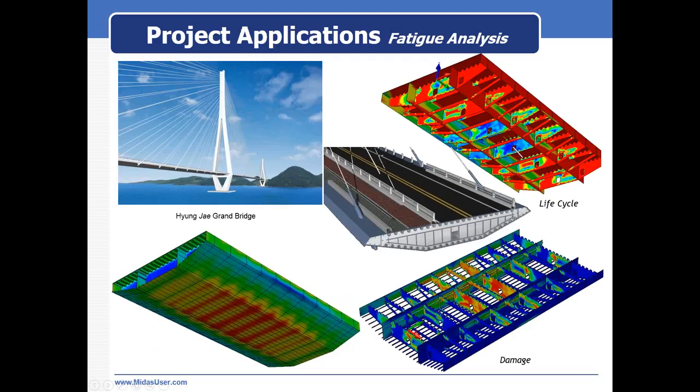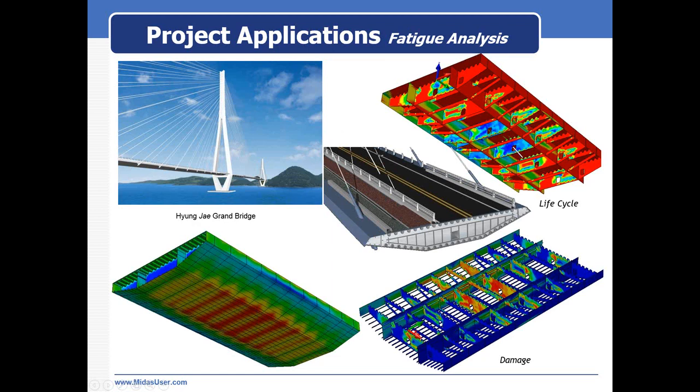Another analysis which FEA supports, and the application example of which can be seen here, is fatigue analysis. As you must be knowing, codes give provisions in design to consider fatigue, but that's another approximate approach.